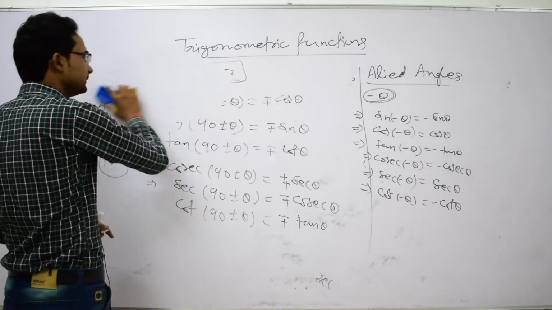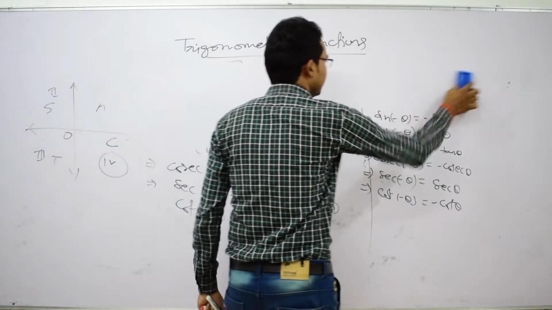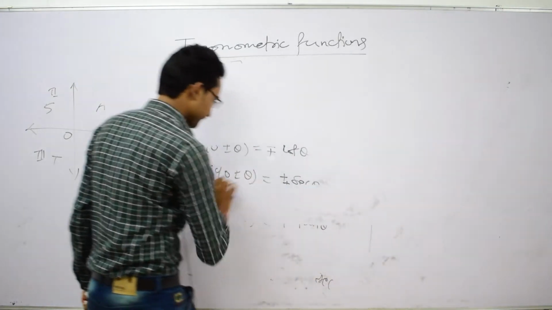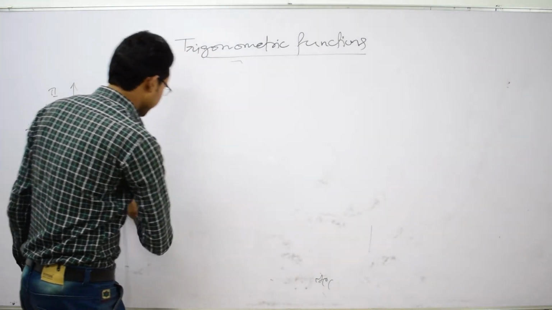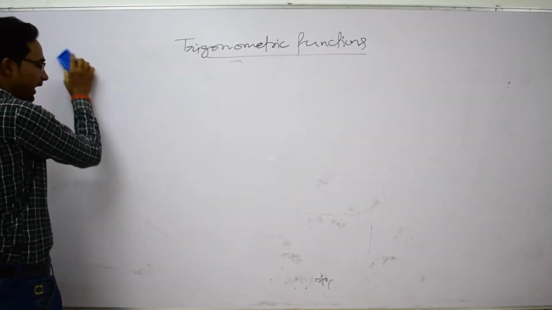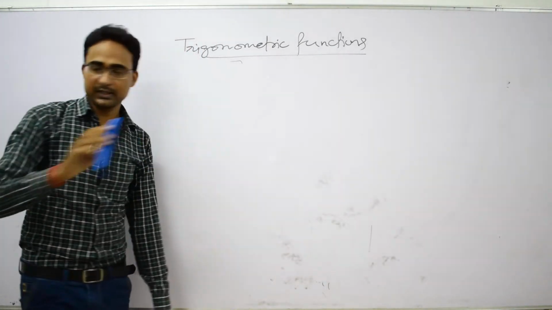Yes, I am making the table for all the allied angles. It is very important for conversion, like if any bigger angle has been given, how can you convert it into a simpler form?